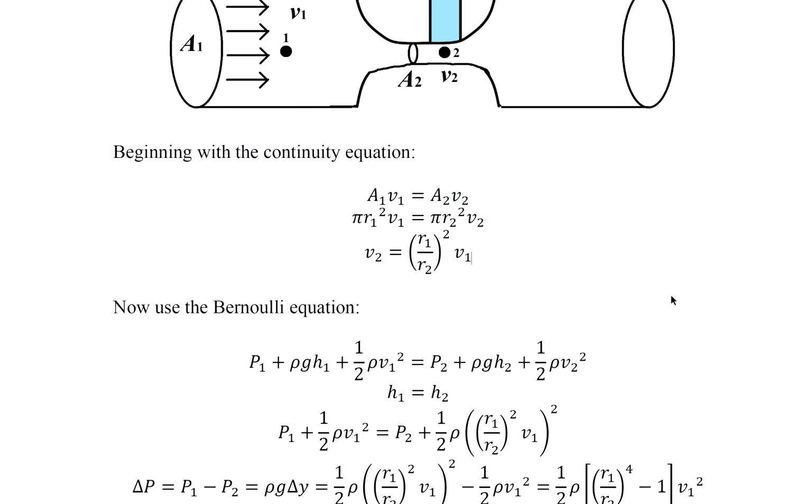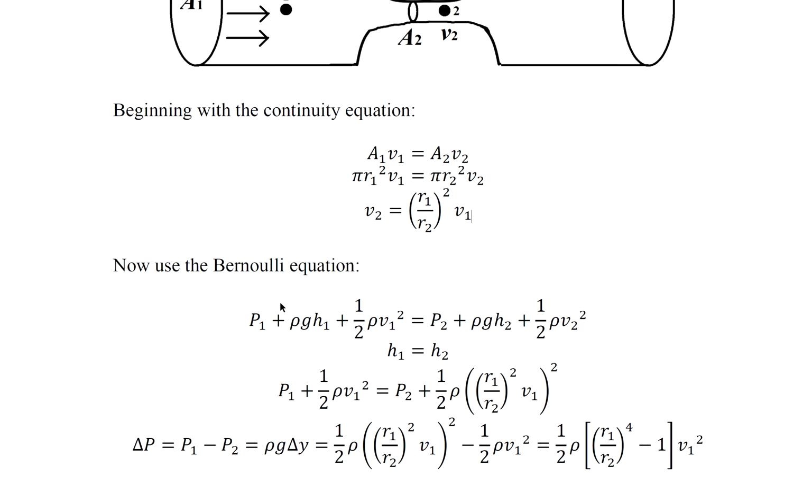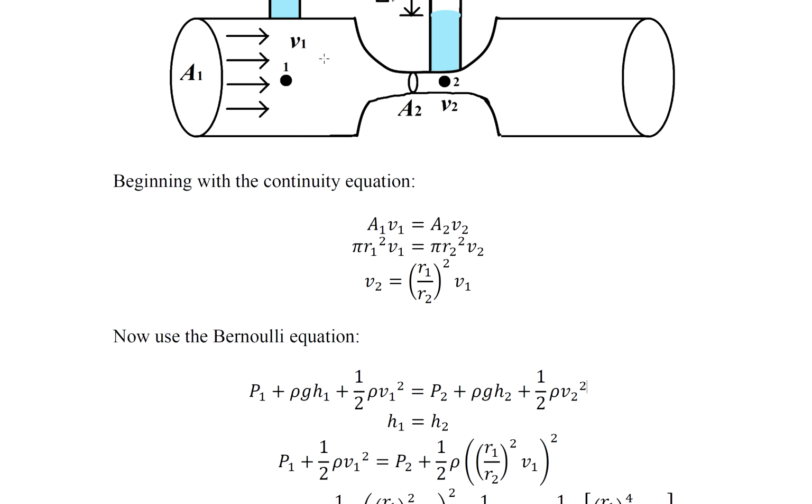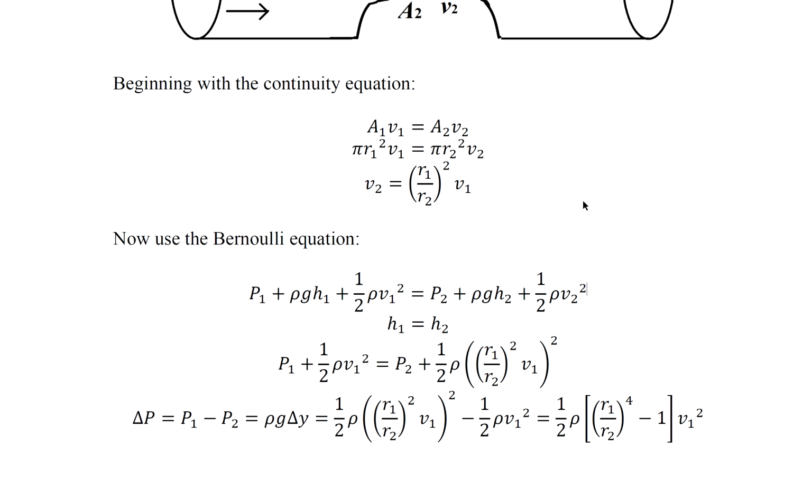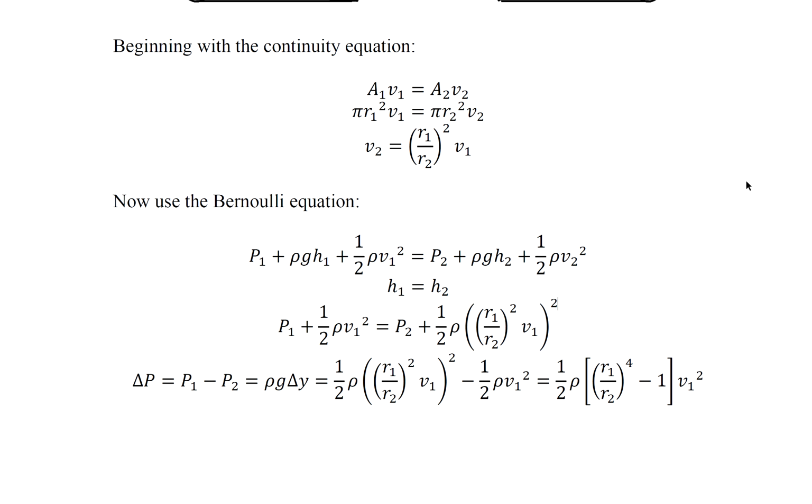Now use the Bernoulli equation, which is this. We'll say the height at H1 is equal to the height at H2. So rho g H1 goes away. And we're going to substitute this here. And now we're just going to solve for P1 minus P2.